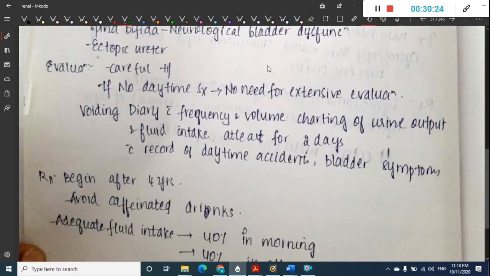Now, how are you going to evaluate it? First you should take a careful history, and if no daytime symptoms are seen, then there is no need to do excessive evaluation. If only nighttime symptoms are seen, then we can do just behavioral therapy.